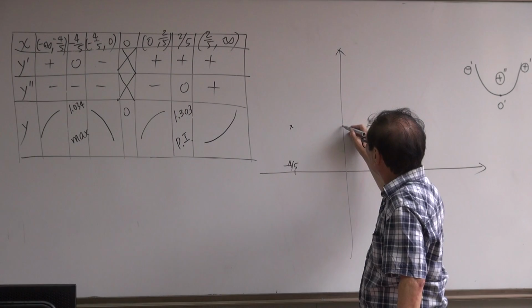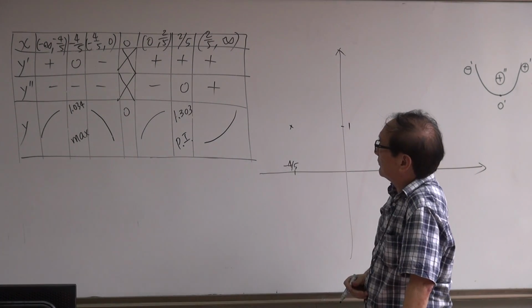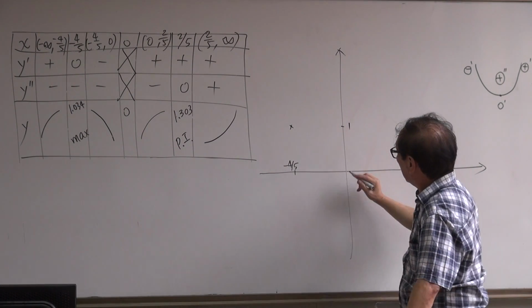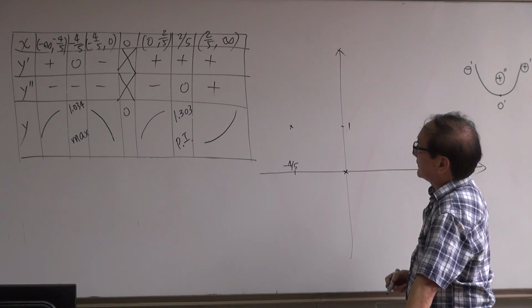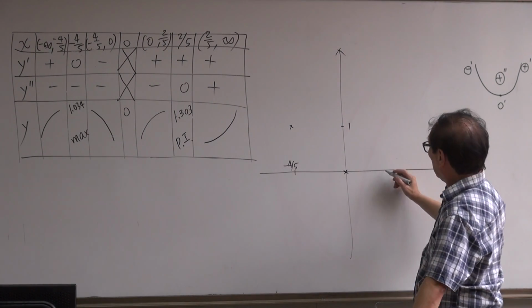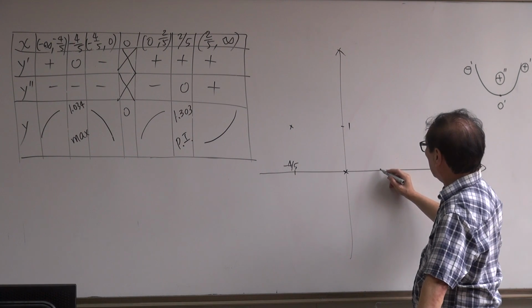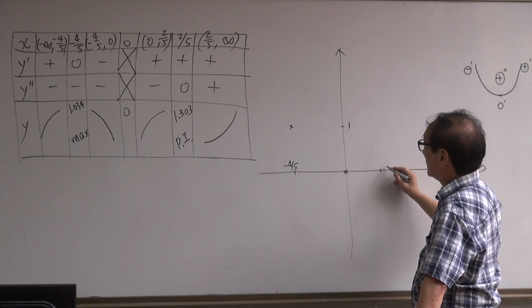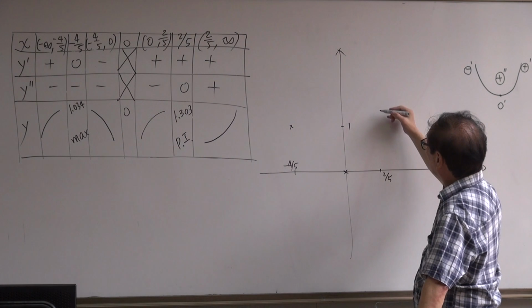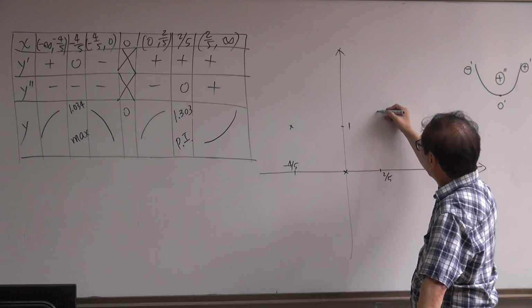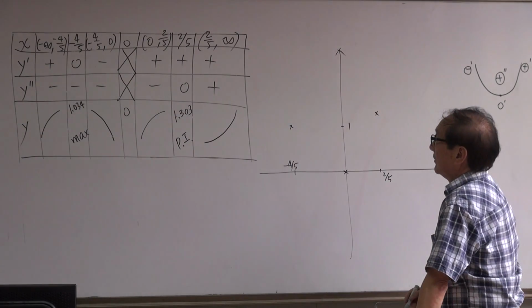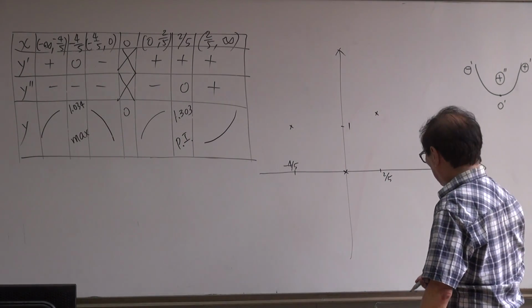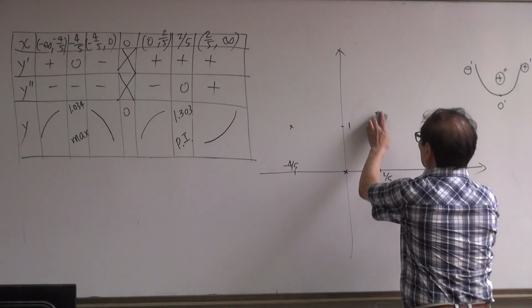And at 0, 0. And 5/2. x is somewhere here. 1 point something, 1.3. 1.3 is a little higher.